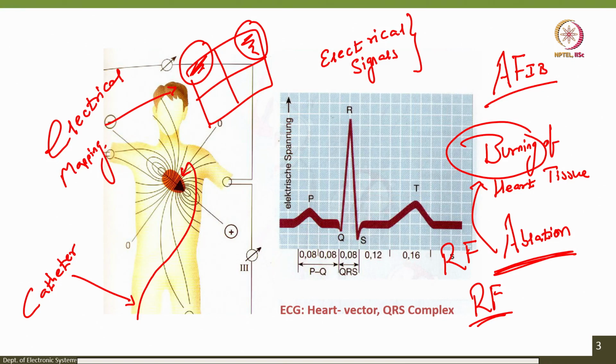Since we are using a catheter, it is called catheter ablation, but since we are using radio frequency, it is called radio frequency catheter ablation, RF ablation, and that is how the activity of the heart is regained.